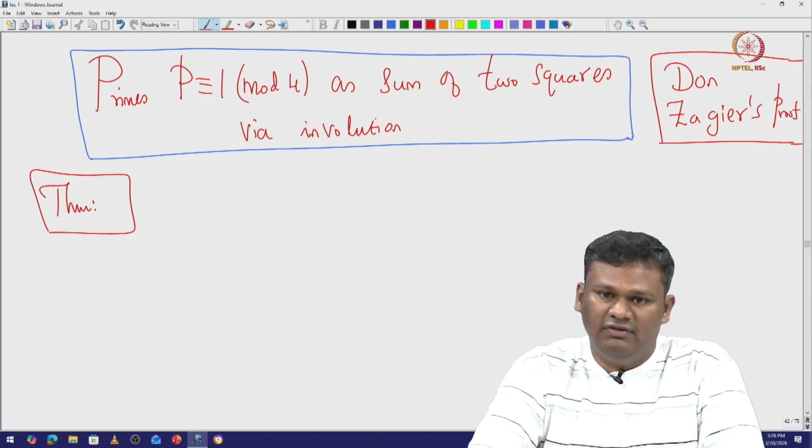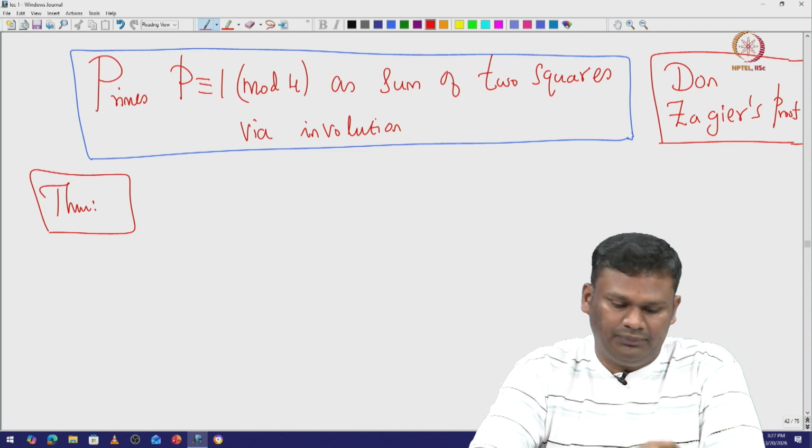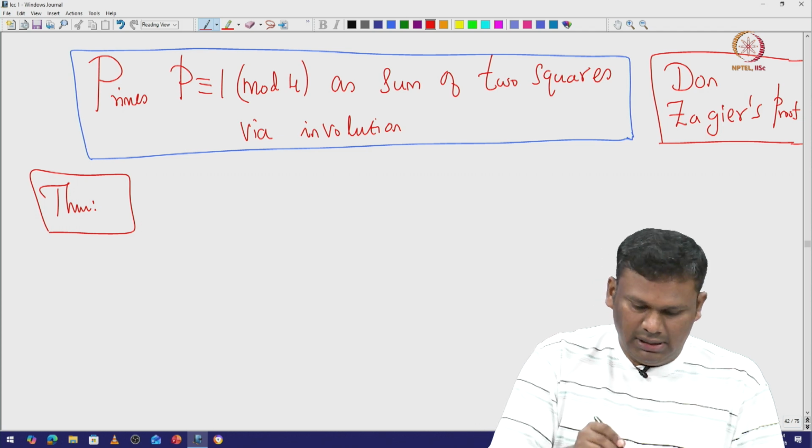and we will check that the map is an involution, and then using that involution map we will actually prove how one can write a given prime of the form P congruent to 1 modulo 4 as a sum of two squares. Okay, so that is the theorem.